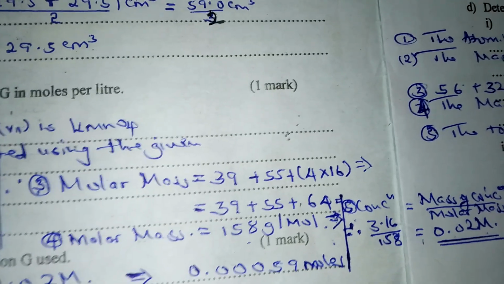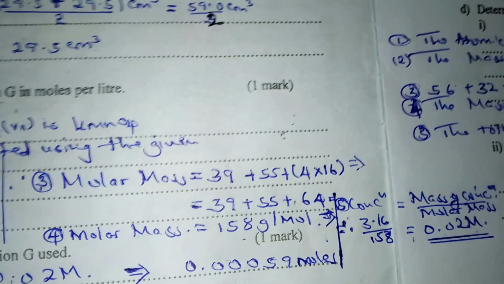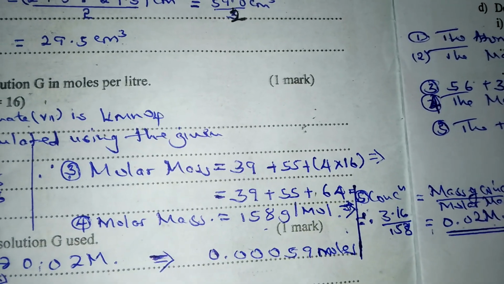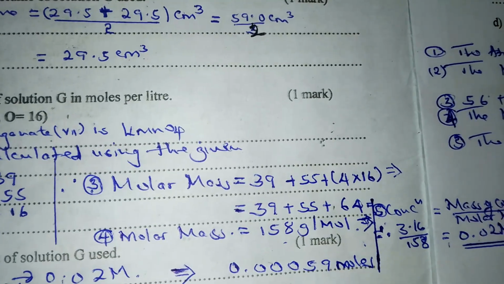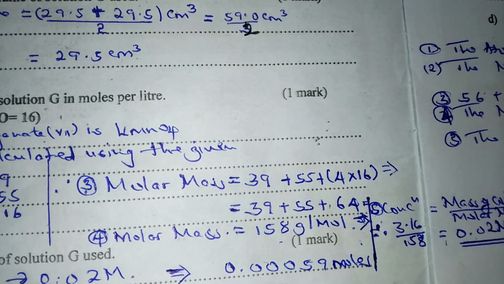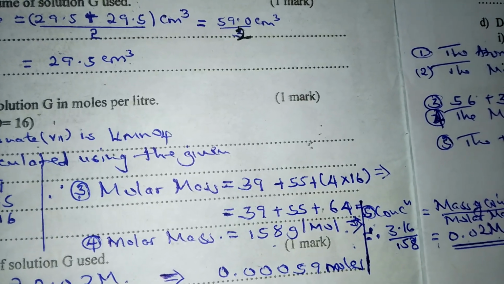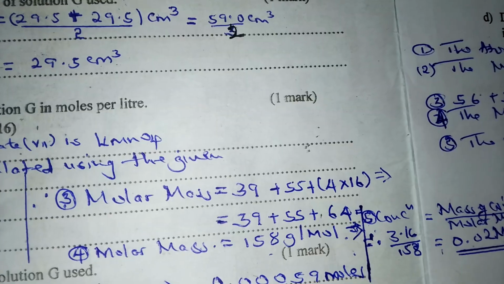Then, as you know, concentration is equal to the mass concentration divided by the molar mass. As we were told earlier, we went ahead and divided 3.16 over the formula mass.